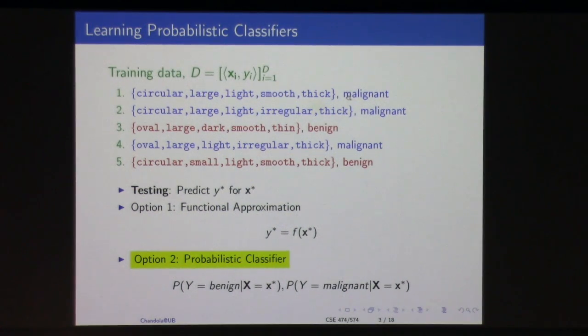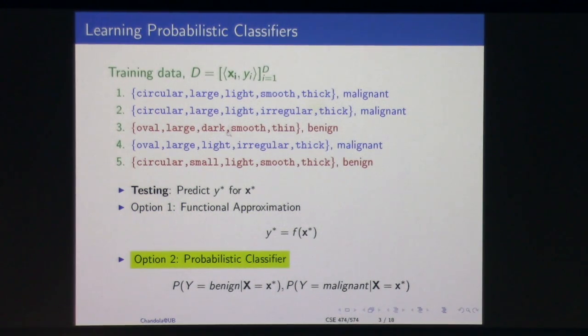So 5 features, and our label is just malignant or benign. It's a binary label. I'm going to call these x's and this y. So this is our training data. Our training data has n data points, x1, x2, x3, and so on.